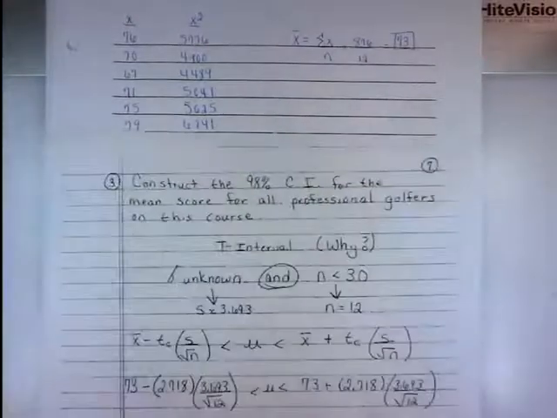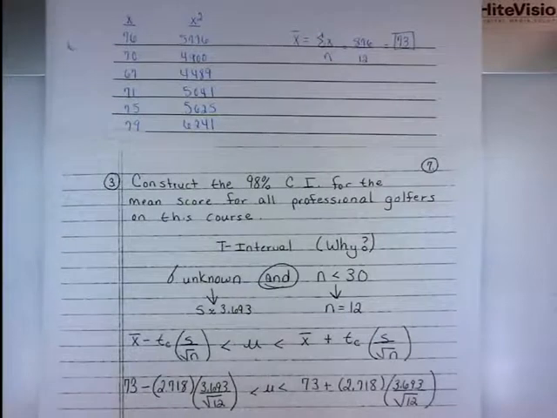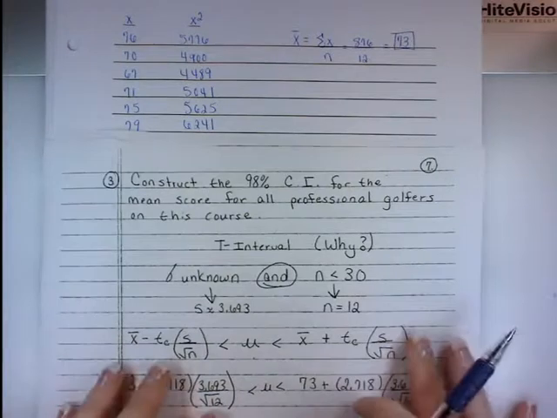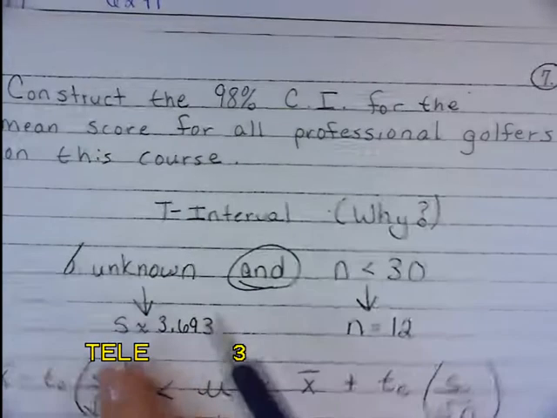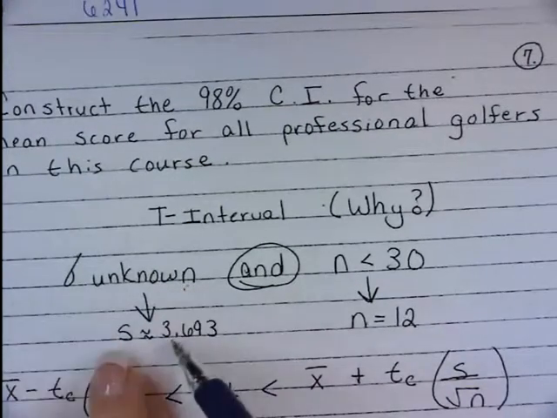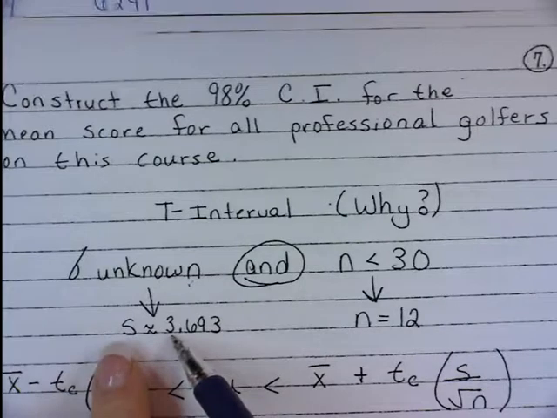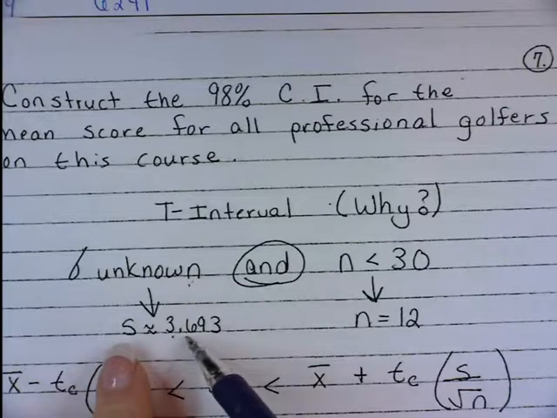The next question for this same problem says, construct the 98% confidence interval for the true mean score for all professional golfers on this course. And I discussed why this is a T interval. Sigma is unknown. It was raw data, and we found our sample standard deviation to the nearest tenth, which was 3.7, to 3 places, 3.693.